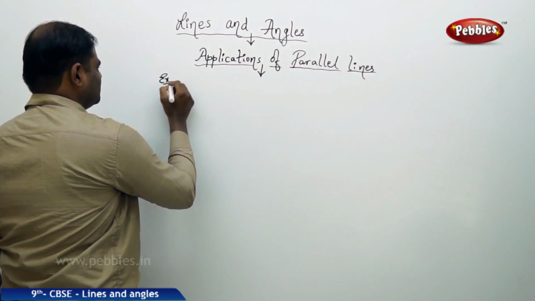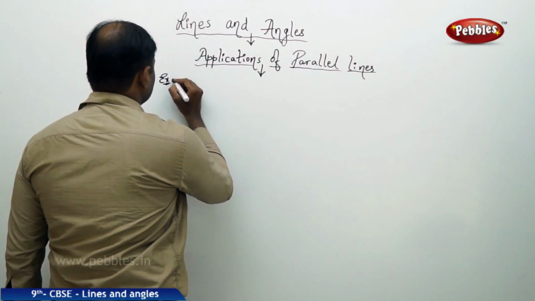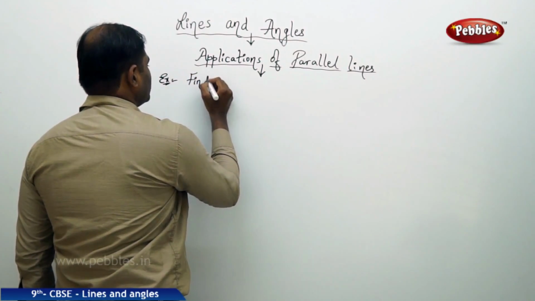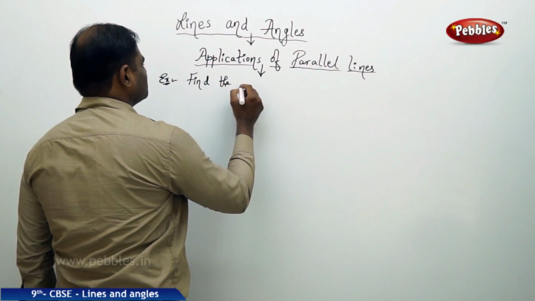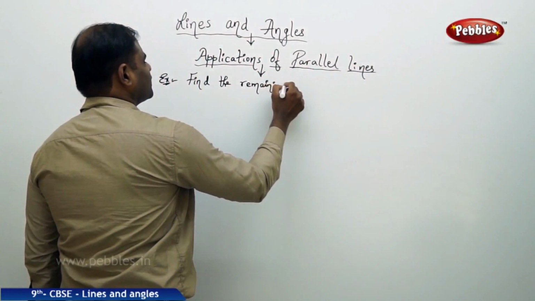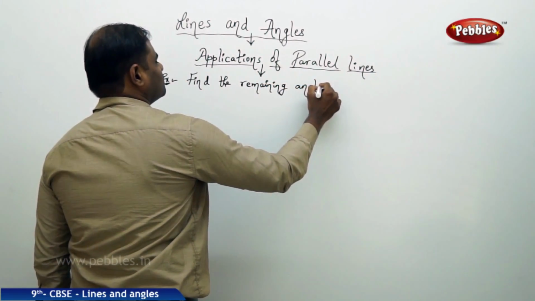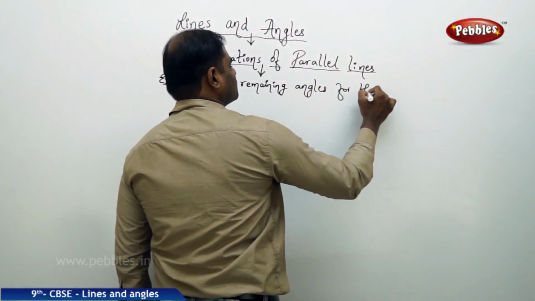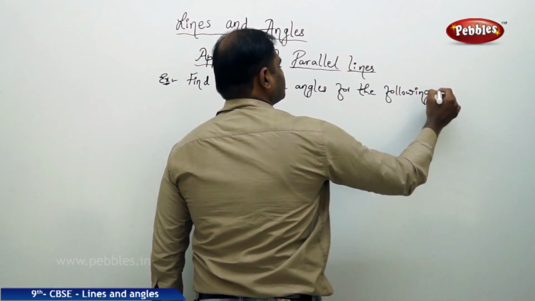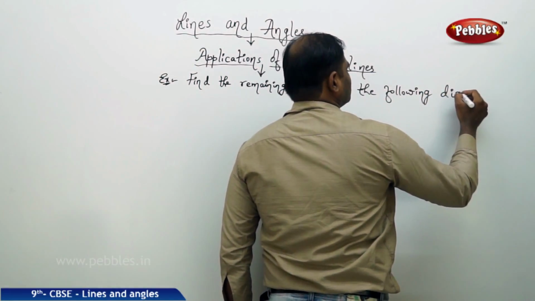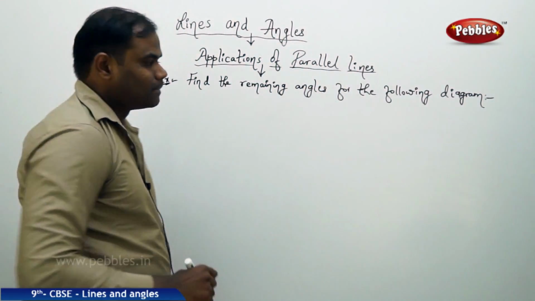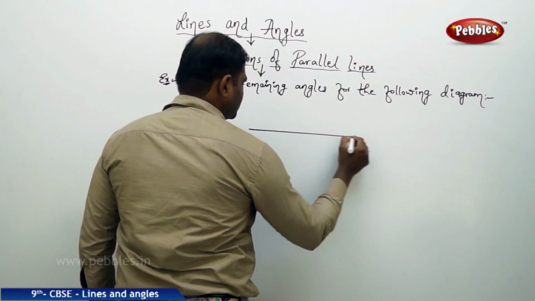For example, I have the question which says find the remaining angles for the following diagram. So in this case, I have two lines.